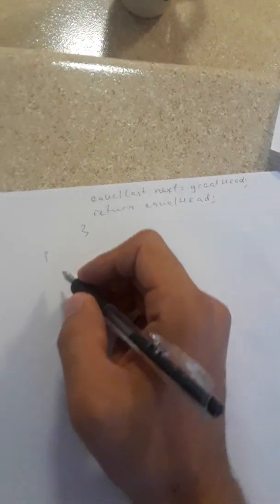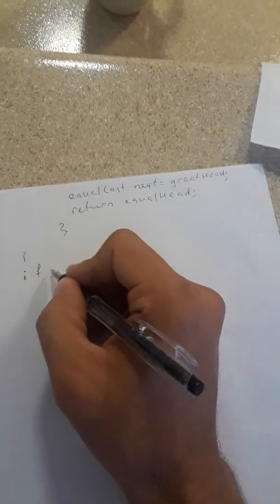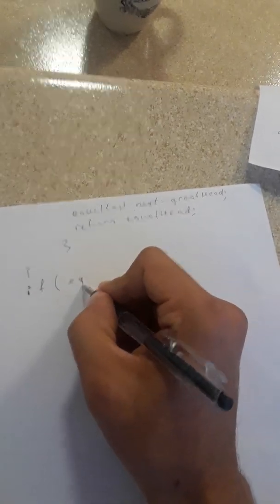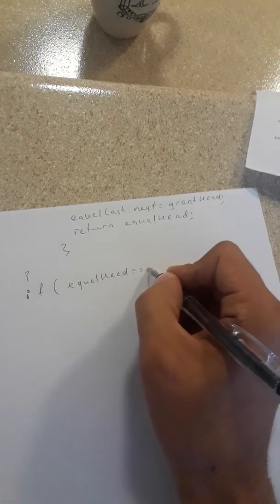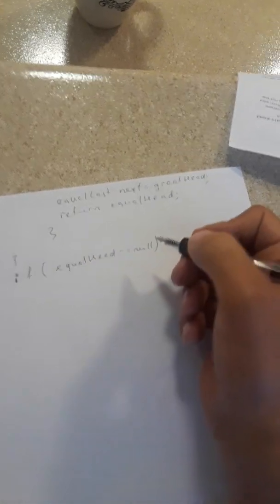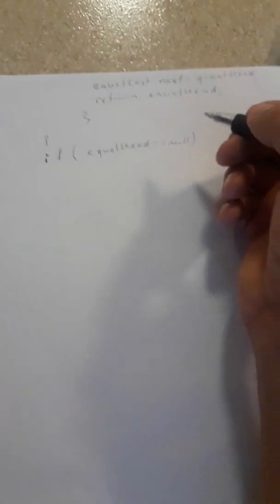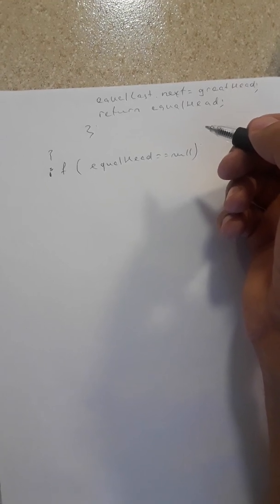But if we have, for example, something in our small head, but we don't have anything in our equal head, like the middle, we will need to connect just small head and greater head.